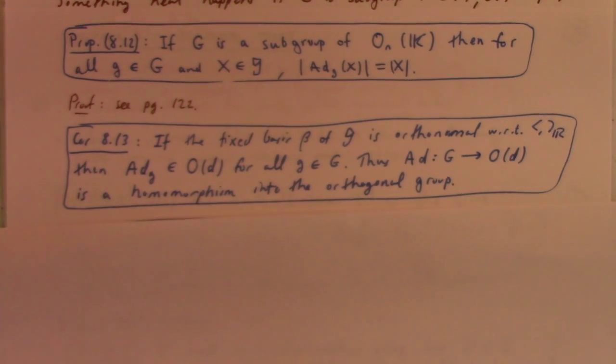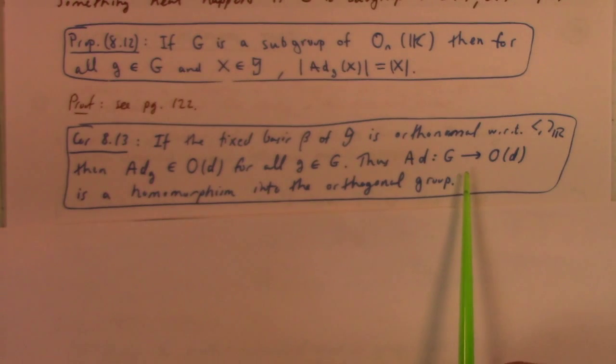So fixed basis beta, if it's orthonormal with respect to the real inner product, then the adjoint is an orthogonal transformation, and that's for each g, so the adjoint is always assigning something in here, so it's basically a mapping from G to O(D).